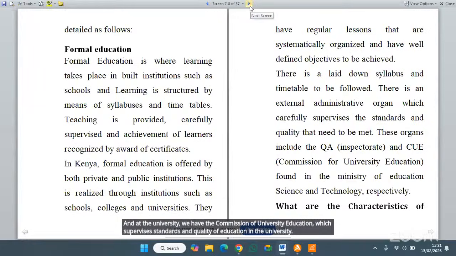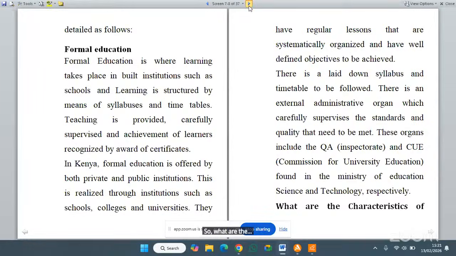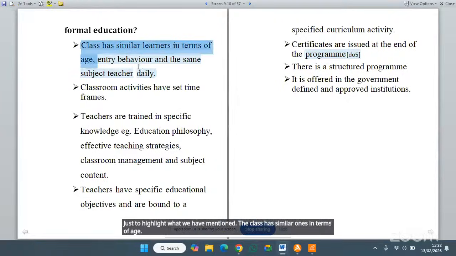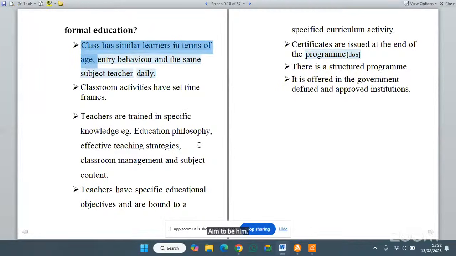So what are the characteristics of formal education? Just to highlight what we have mentioned, the class has similar learners in terms of age, entry behavior, and the same subject teacher daily.